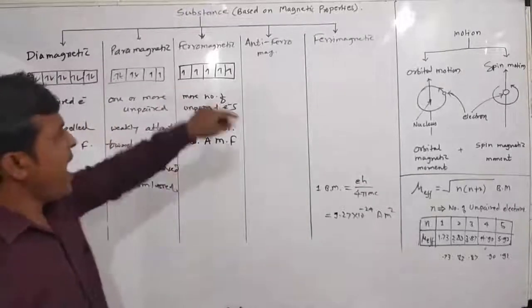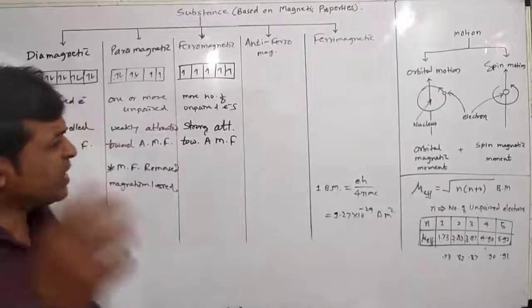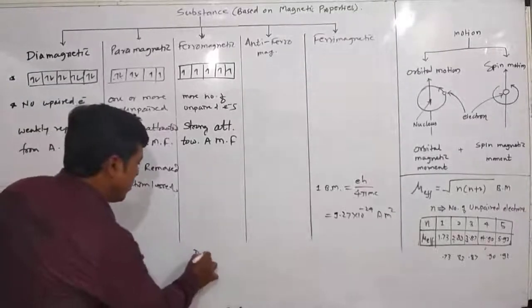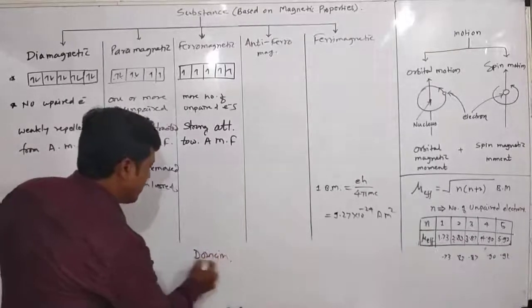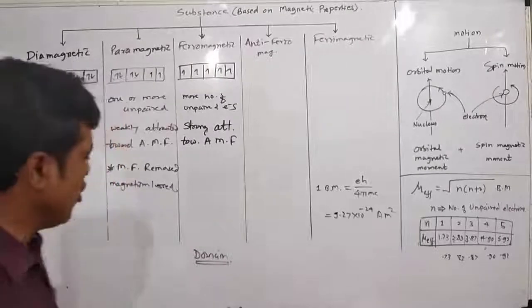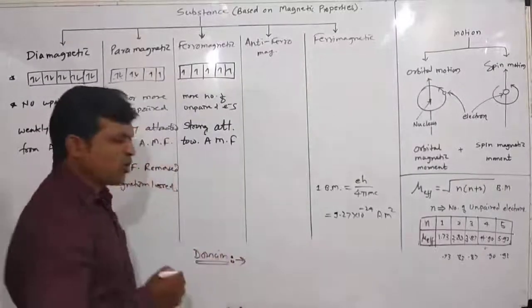Okay. For antiferromagnetic and ferrimagnetic substances, you have to consider one concept, that is domain. What is meant by domain? Or we can say small magnetic dipole. So domain means what?